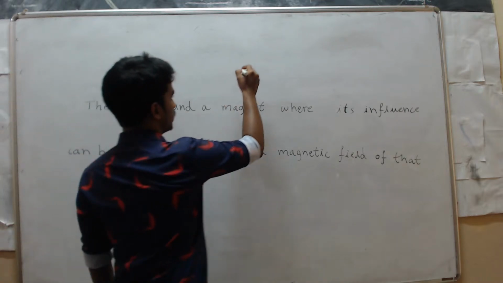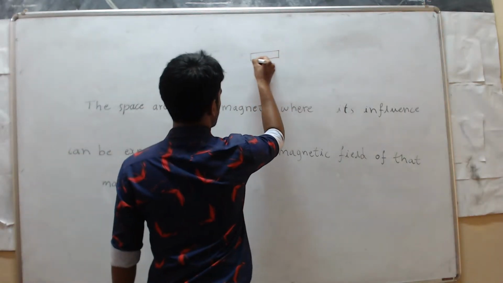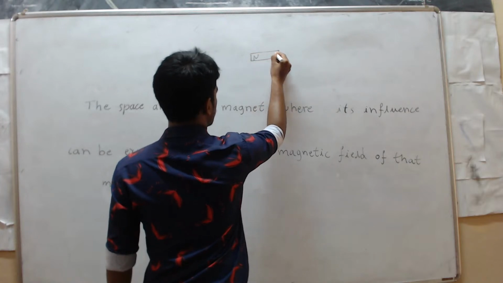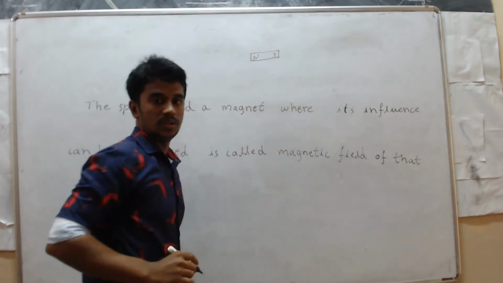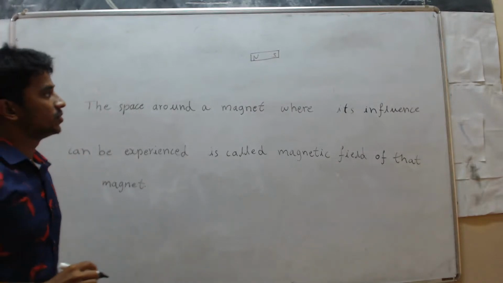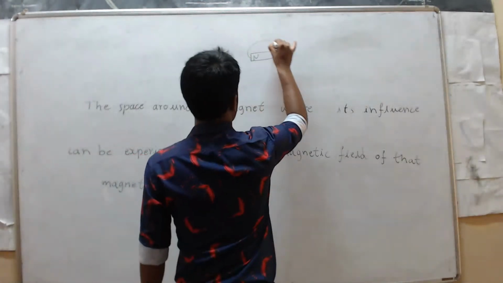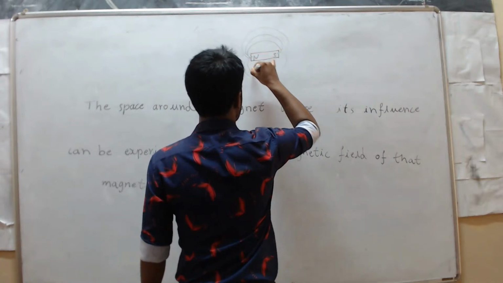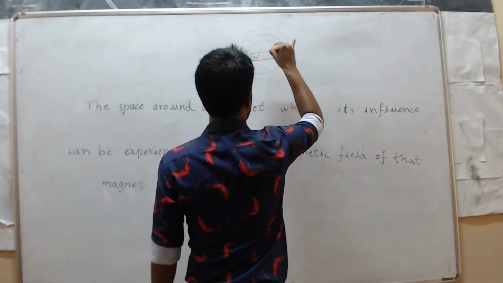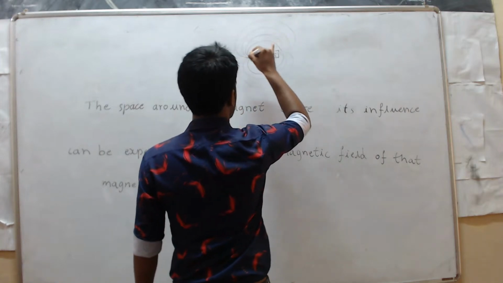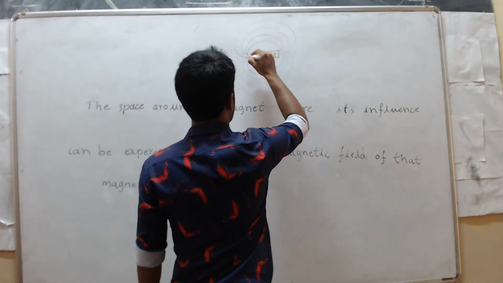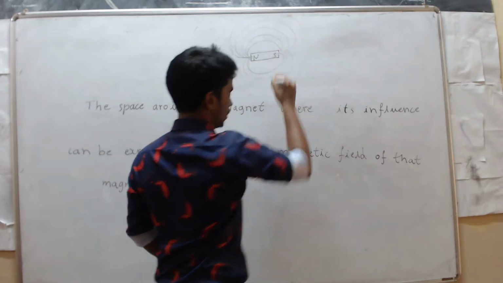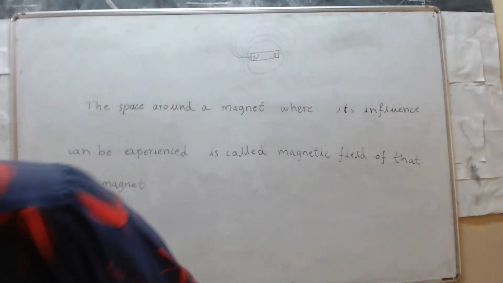Already I told, right? For example, take this is a magnet, north and south. Here the magnetic field lines are arranged.